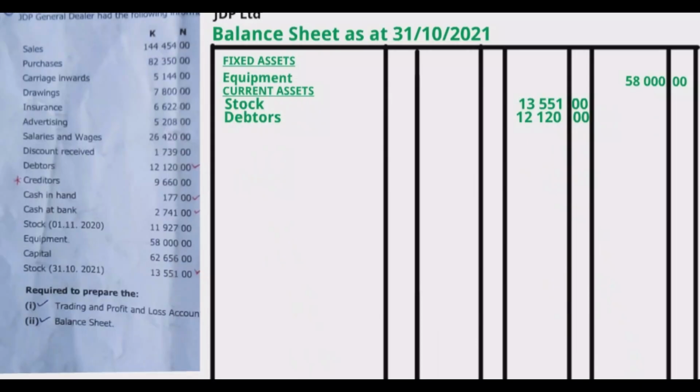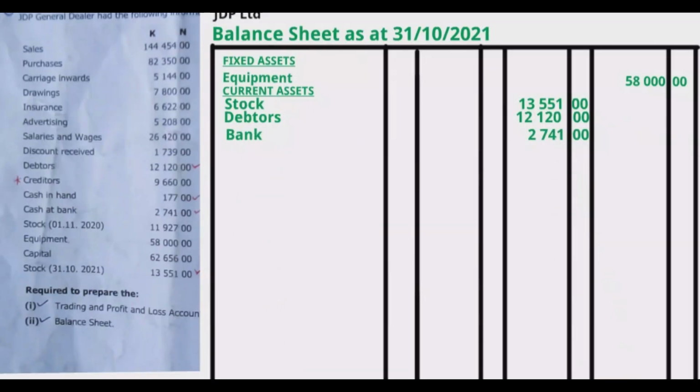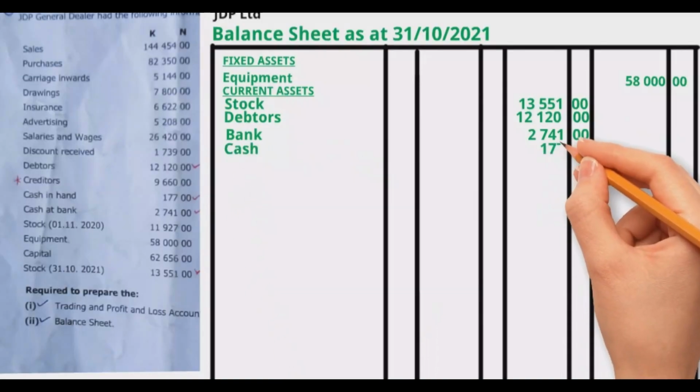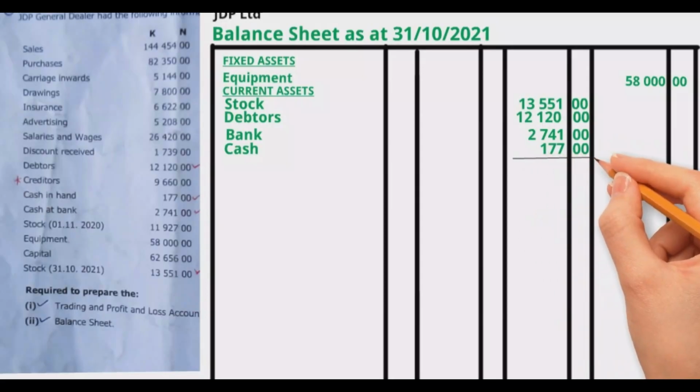We write how much is debtors. We have got 12,120. Then we have got bank, the amount at the bank is 2,741. Then we have got cash, which is 177 kwacha. I'm trying to be a bit fast so that I don't waste your time, like I said earlier in my introduction.